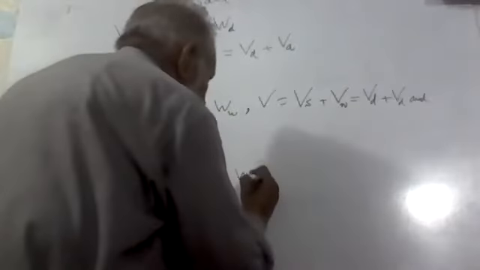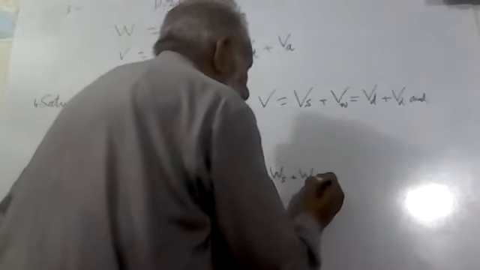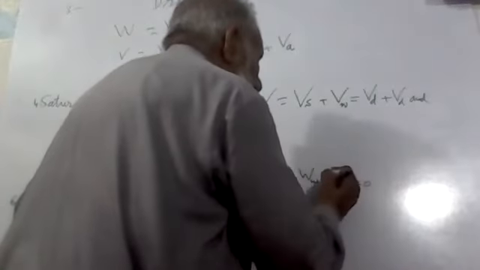For such a soil, W will be equal to Ws plus Ww, as Wa is 0. And V will be equal to Vs plus Vw plus Va.